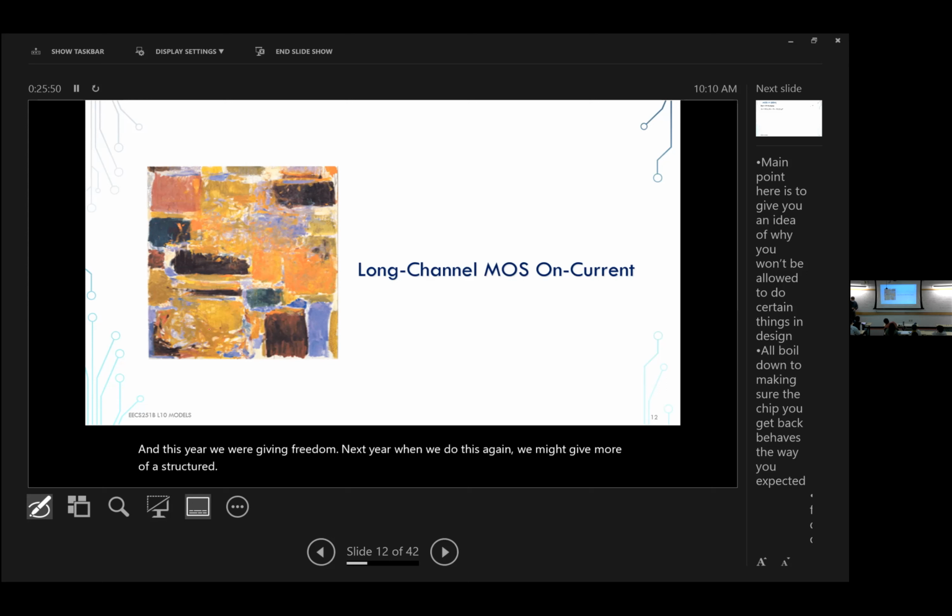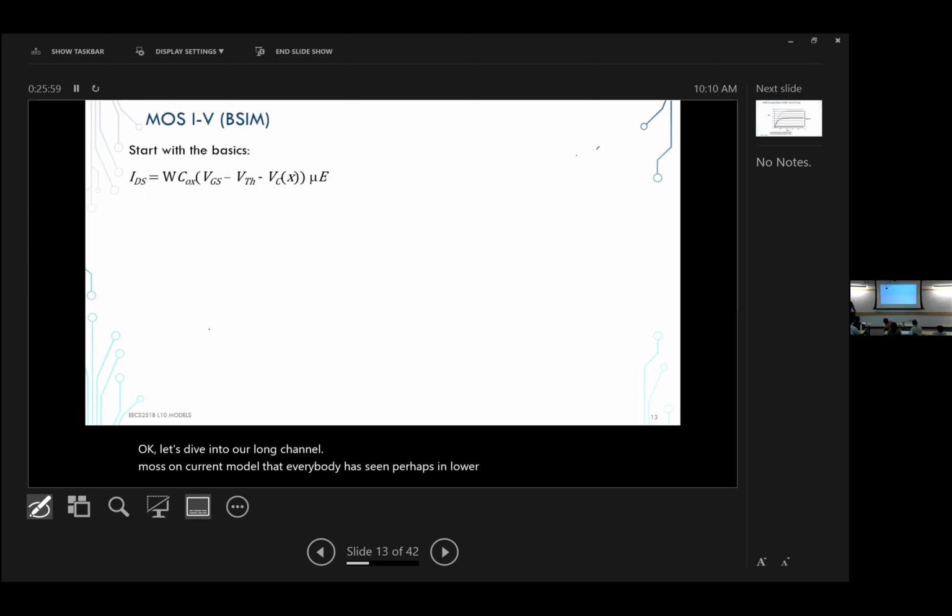Okay, let's dive into our long channel MOS current model that everybody has seen, perhaps in lower division classes. So the way this works is like this. We generally say that there is something called the current density, labeled as JDS.